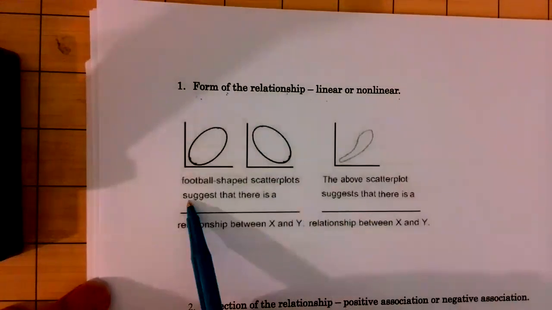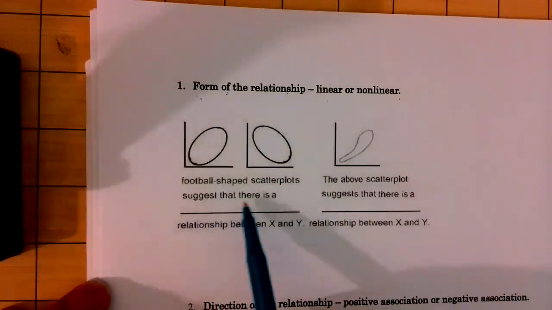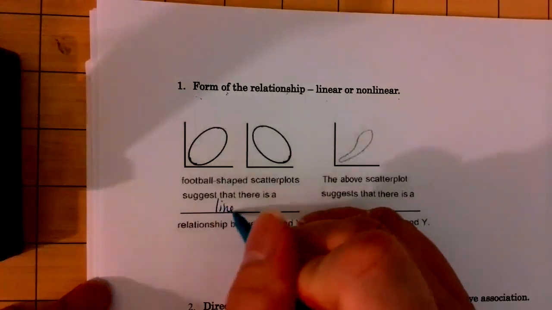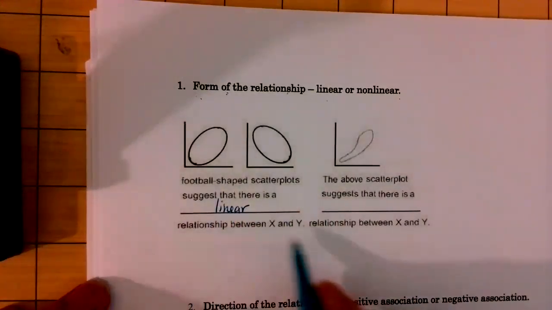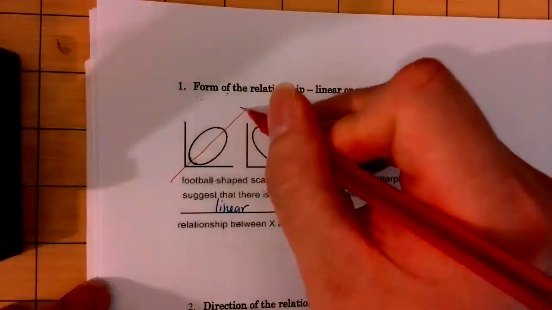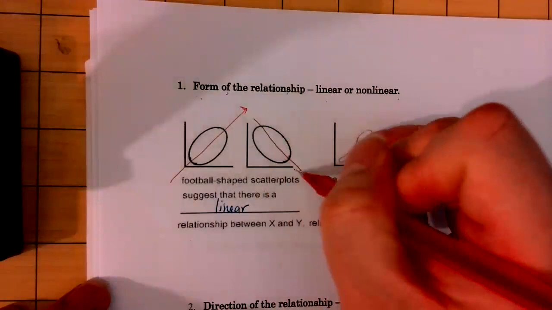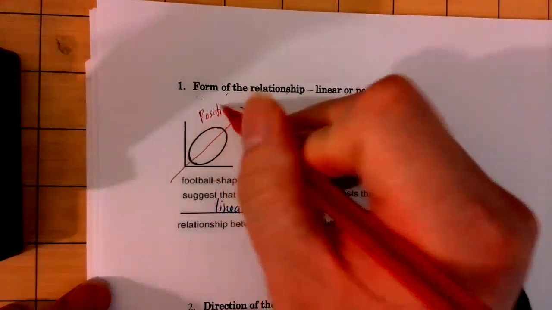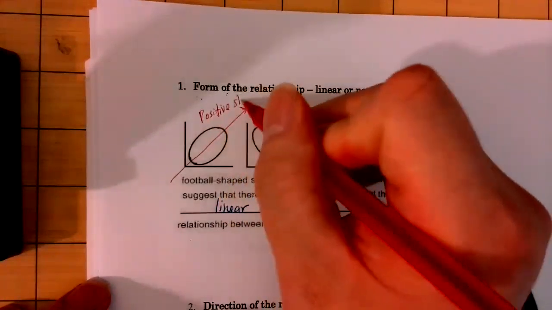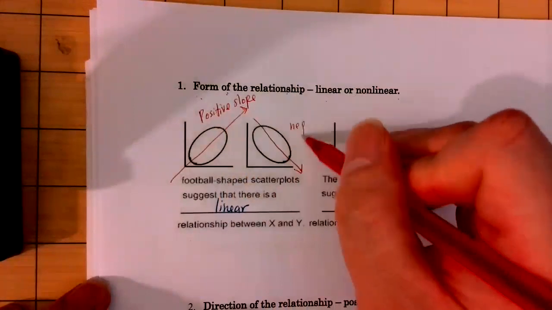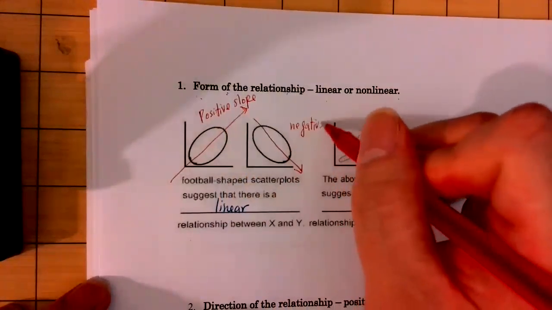And when you see a football-shaped scatter plot, this suggests there is a linear relationship between X and Y. As you can imagine, you can fit the data set with a line, okay? This line has a positive slope, positive association. This one has a negative slope, negative what?